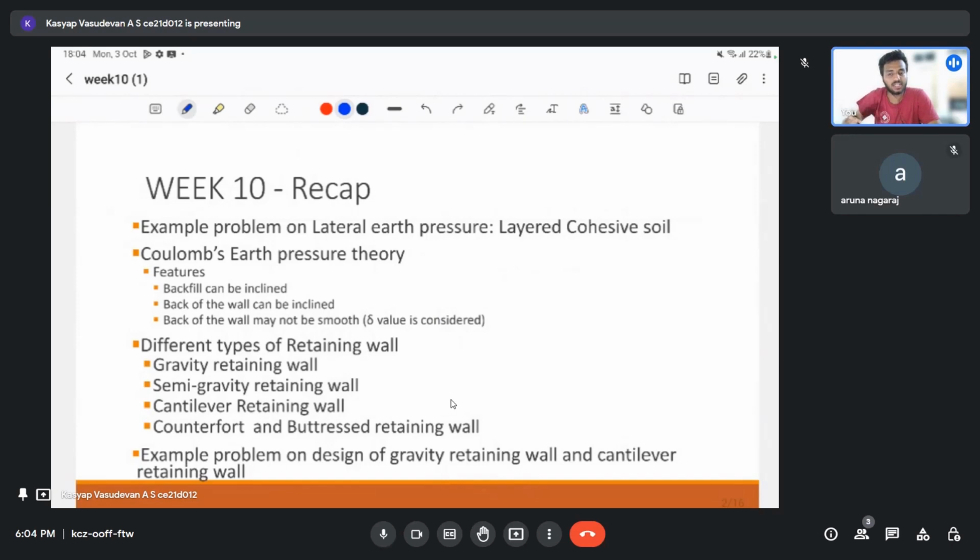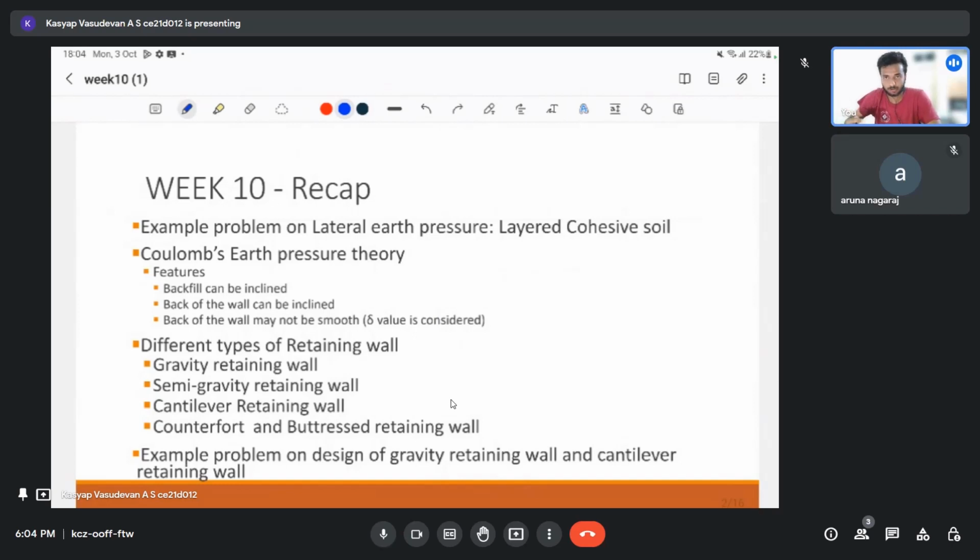So till now we were dealing with Rankine's earth pressure theory. All the extensions and all the special case scenarios were based on Rankine's pressure theory. Here in this week we moved on to Coulomb's earth pressure theory, wherein there are only small differences. In Rankine's theory, we began with the initial assumptions.